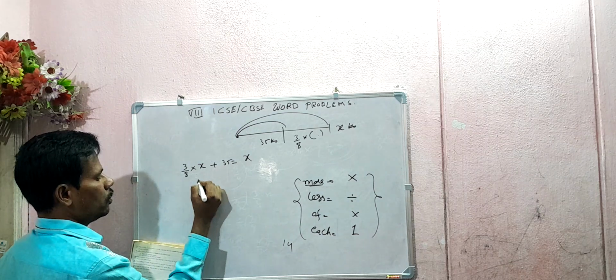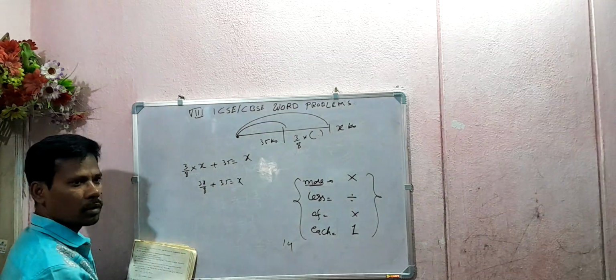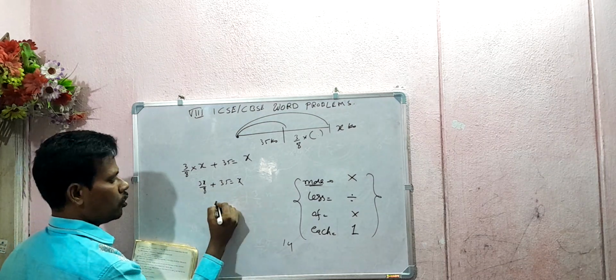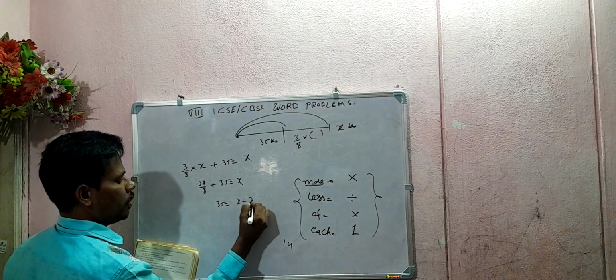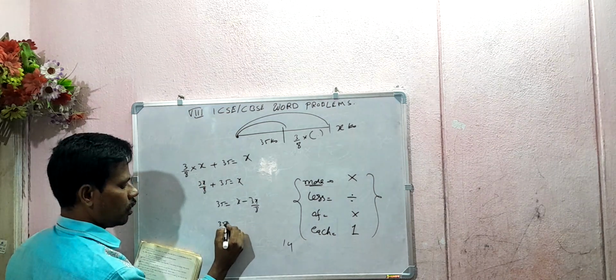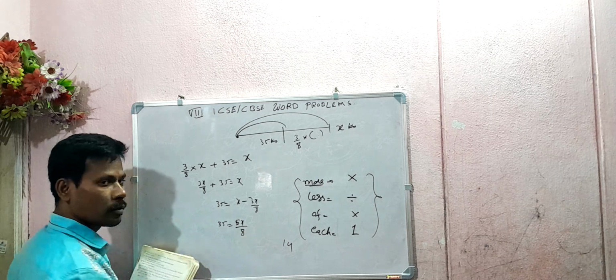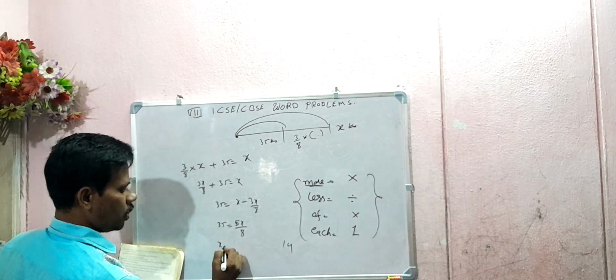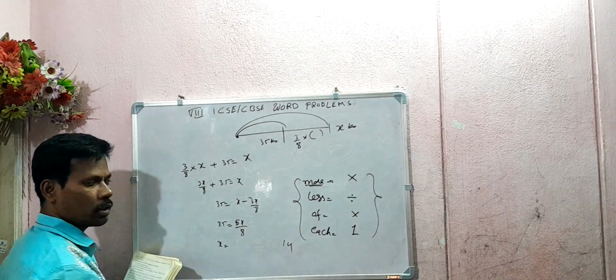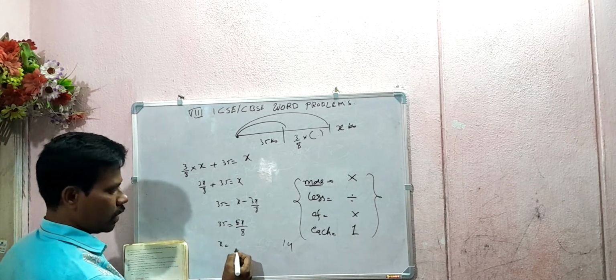So what you have to do? 3x by 8 plus 35 is equal to x. Now x minus 3x by 8: transpose. 35 is equal to 5x by 8, since x minus 3x by 8 is 5x by 8. Now x is equal to, multiply. These things I have already solved so many times in fractions and equations also.